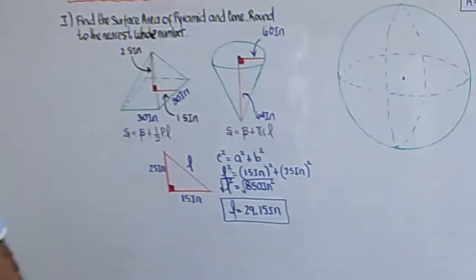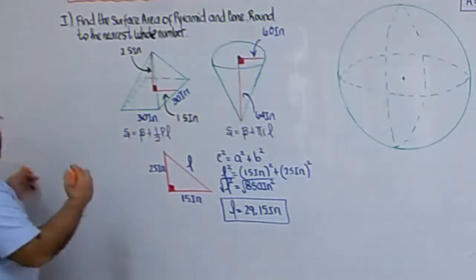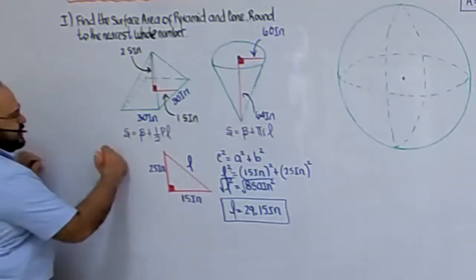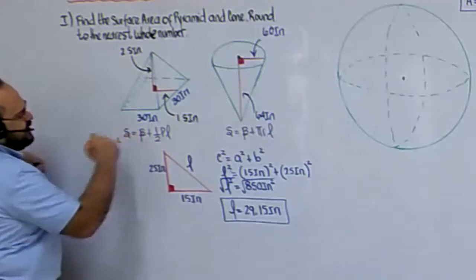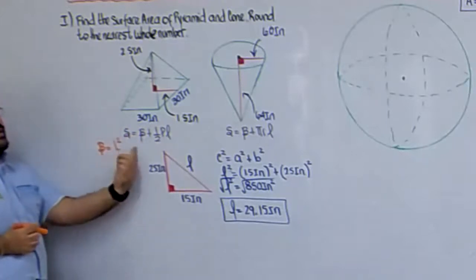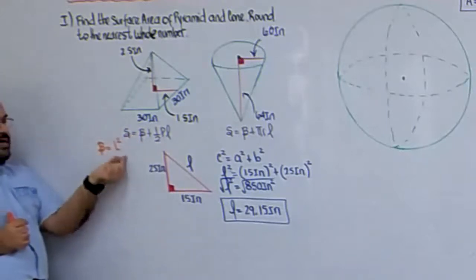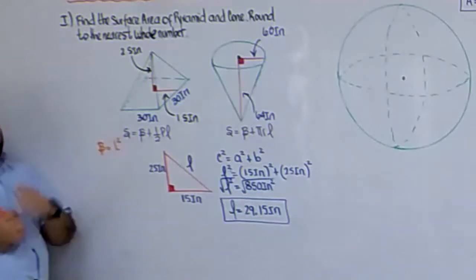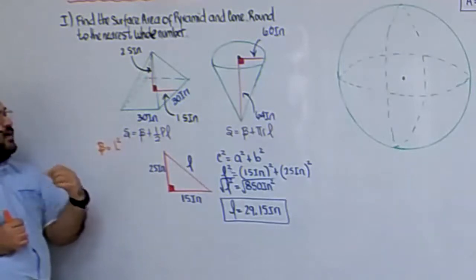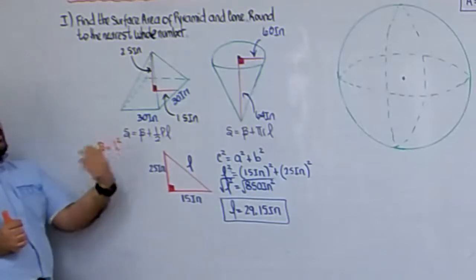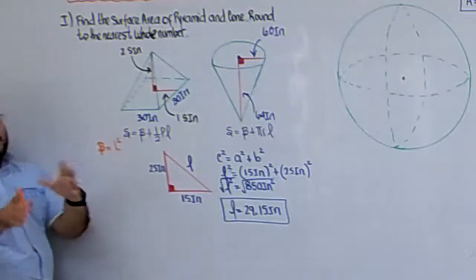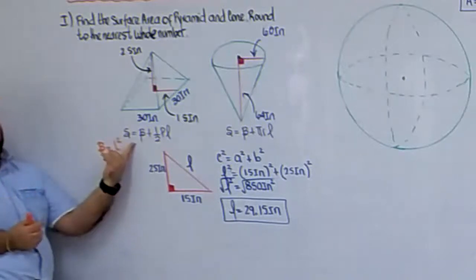Excellent. So what we're going to do, because we know the slant height, the next step is to calculate the area of the base. So beta, remember we said the area of the base of the square will be L to the second power. L represents the length, but the real formula uses S for side, and we're changing the letter so we don't confuse it with the S of the surface area.